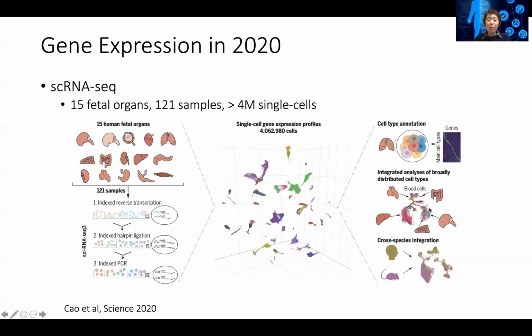And so I hope you can see that the technology for gene expression has also evolved a lot, and with it there is a lot more data generated, and also computational biology is really essential for making sense out of that data.